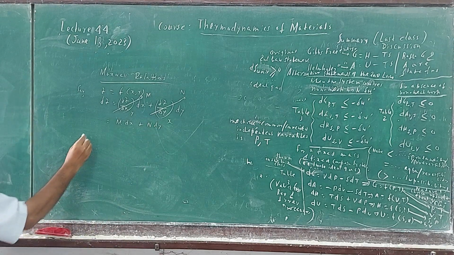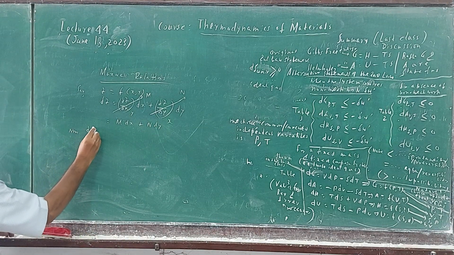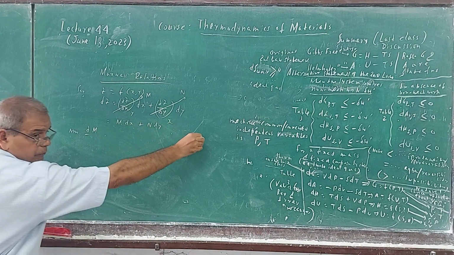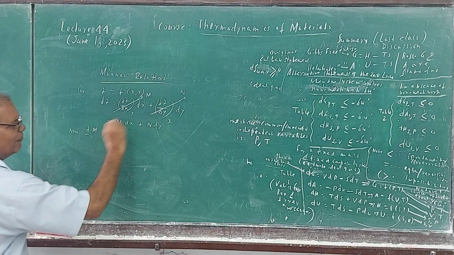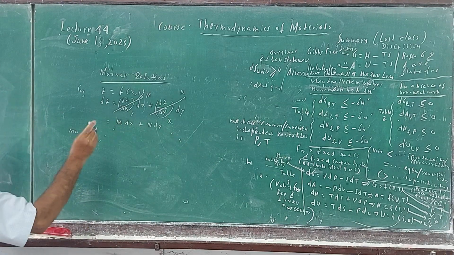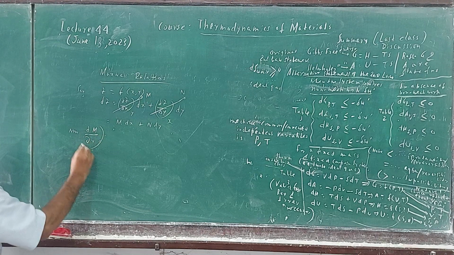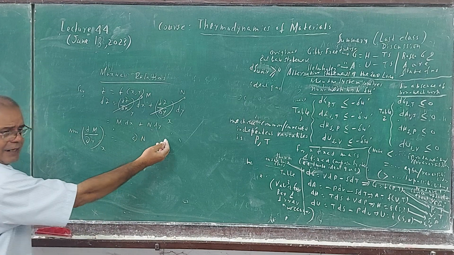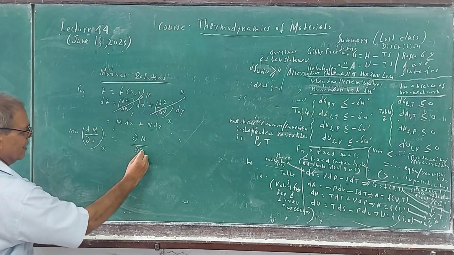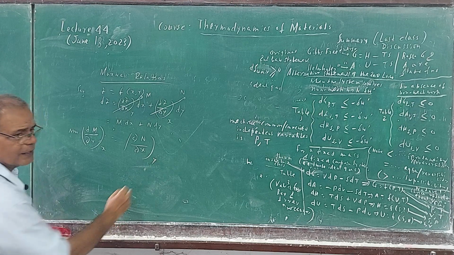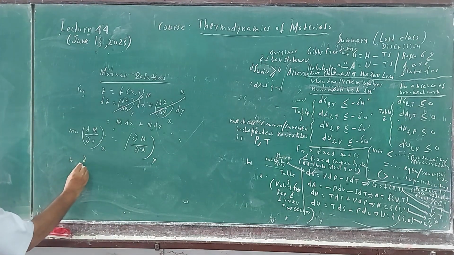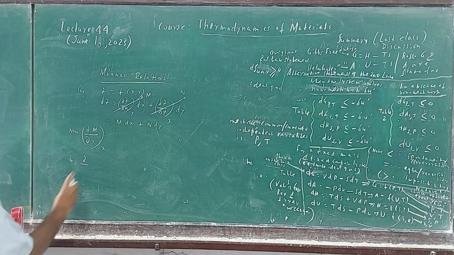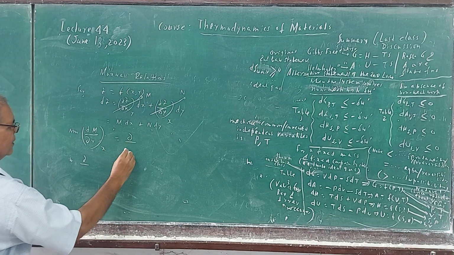Now I am writing del M by del y at constant x. Follow what I am doing. Del M by del y at constant x, and del N by del x at constant y.